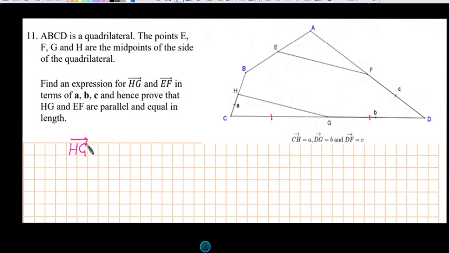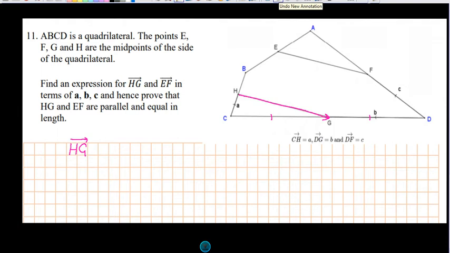All right. So let's have a look. Where is HG? It's there. Agreed? So to get HG, you're either going up and around here, or you can go H to C, C to G. I'll get rid of that for a moment because it's hard to see the other bits.